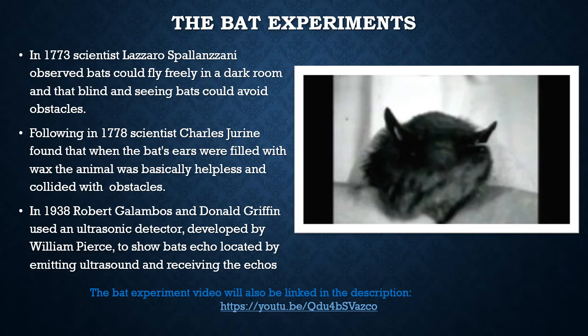Galambos and Griffin, who were one of the first sets of gentlemen to get their hands on what was newly discovered as an ultrasonic detector. The idea that there were sounds beyond the human ability to hear, high frequency sounds. Their ultrasonic detector came from a gentleman by the name of William Pierce, and they were able to prove that bats emitted ultrasonic noises that you couldn't normally hear.